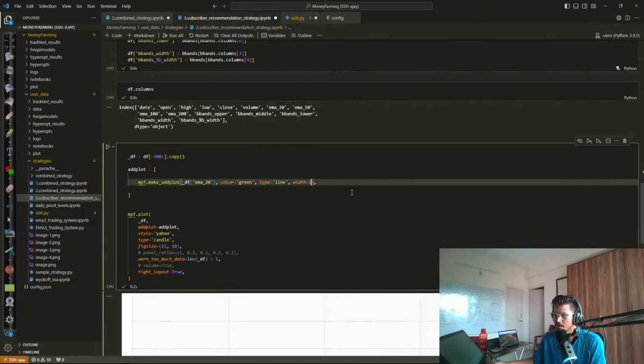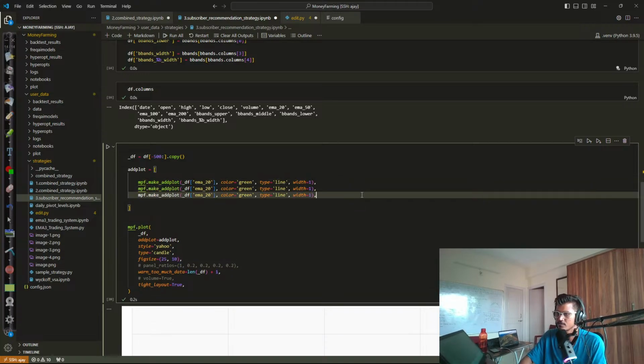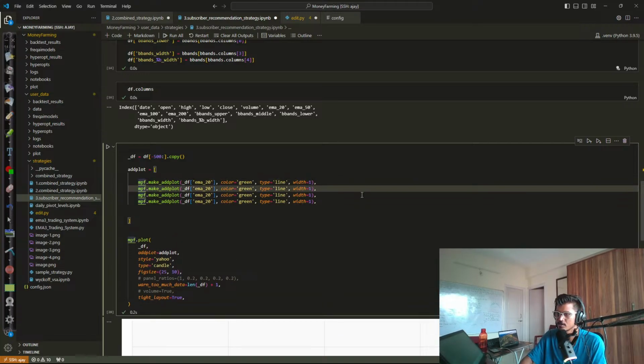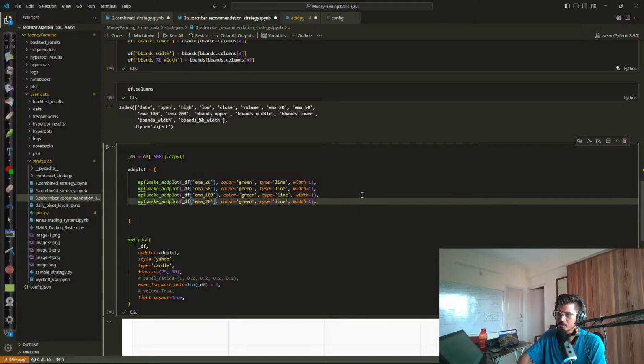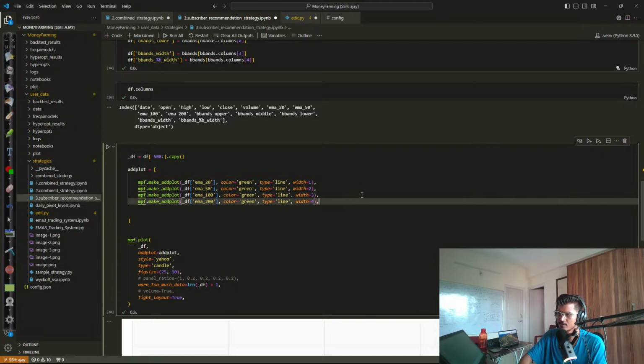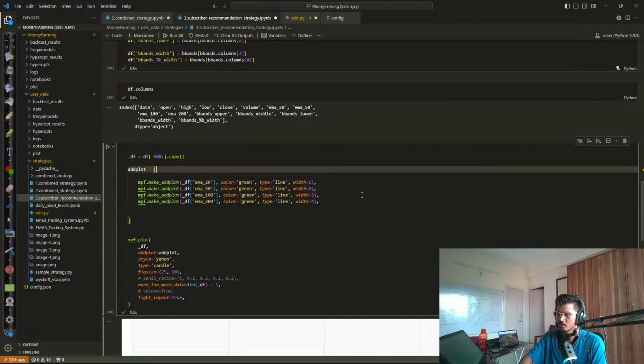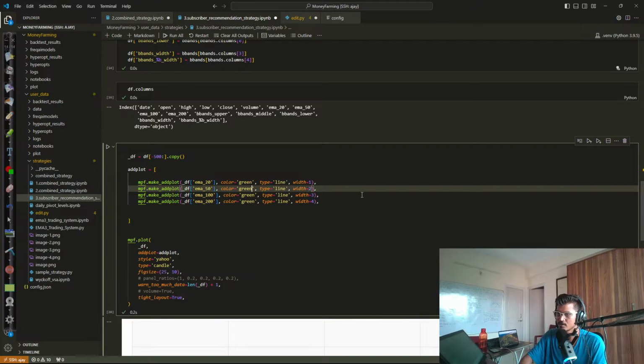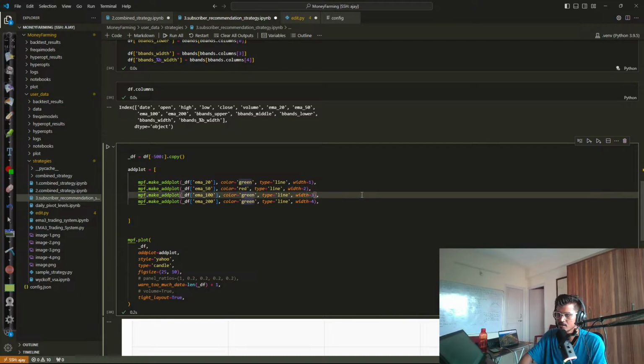Okay, now we want 50, 100, 200. So 50, 100, 200, 2, 3, 4, and I wanna change the color of it. 50 is red, this is blue, this is ocean blue, or cyan, and this is purple.